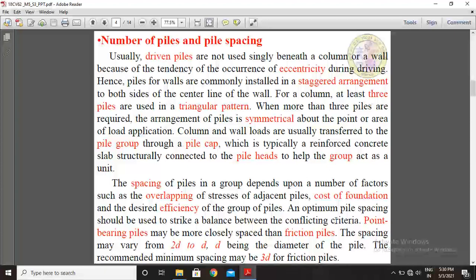An optimum pile spacing should be used to strike a balance between the conflicting criteria. Point bearing piles may be more closely spaced than friction piles. The spacing may vary from 2D to D, D being the diameter of the pile. The recommended minimum spacing may be 3D for friction piles.